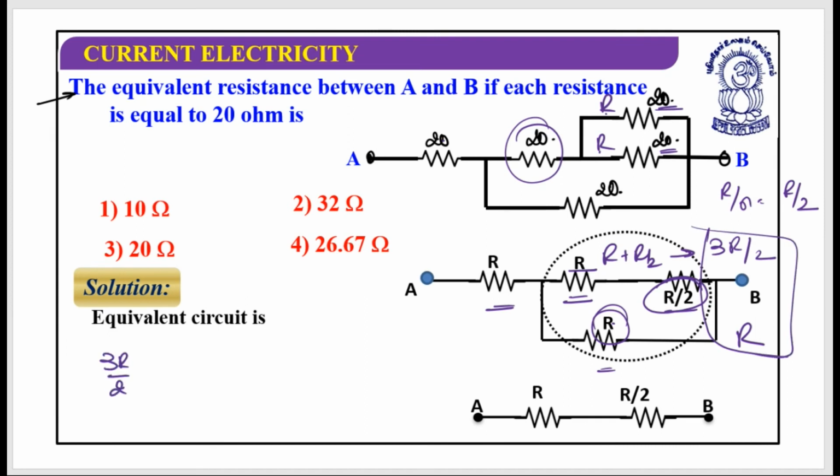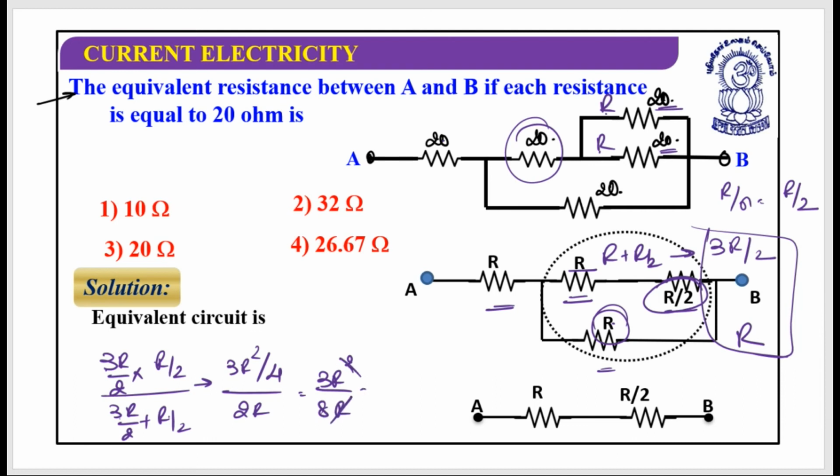It's 3R by 2 multiplied by R by 2, divided by 3R by 2 plus R by 2. So this is 3R square divided by 4, divided by 3R plus R, it's 4R by 2, it's 2R. So this is basically 3R square by 8R. This has gone, so this is 3R by 8.